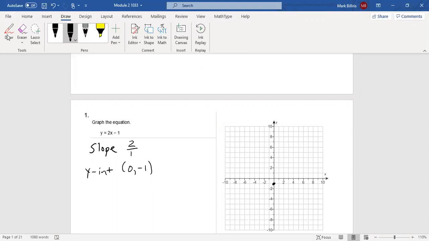So I move up 2 units from negative 1. And then my denominator is positive 1. So my run, or the change in the x, is 1. So I move to the right 1 unit. So from my starting point at negative 1, I move up 2 units and to the right 1. And I simply connect these points with a line.